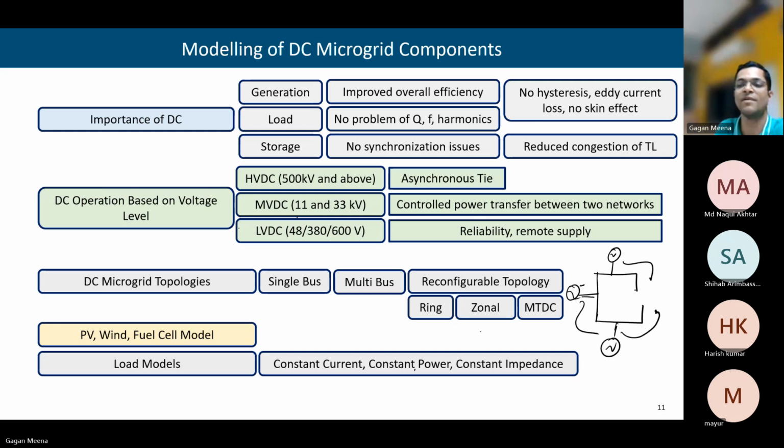But in MTDC, there can be more than one path here. Parallel paths can be there. Redundant paths can be there. So this will add to a redundant system. It will increase the redundancy in the system.